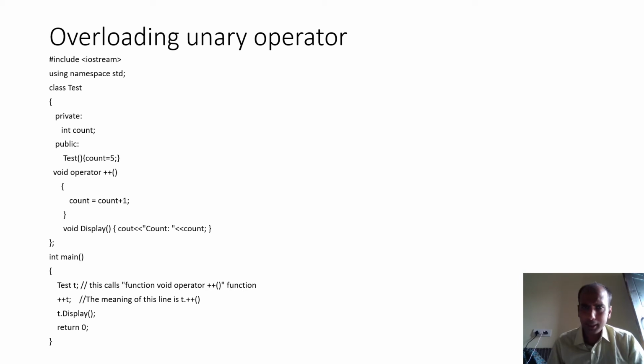Then there is a function display, which displays the value of count. Now come to the main function. You have created an object t of the test class. You write plus plus t, and that will give an error because you cannot apply plus plus, or any operator, onto a user defined type. Now, what you want is to apply it, and when you write this, the value of t should increase.